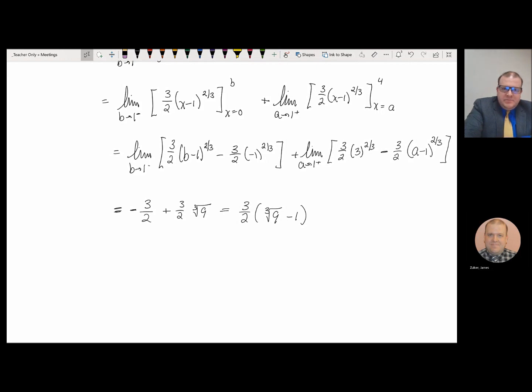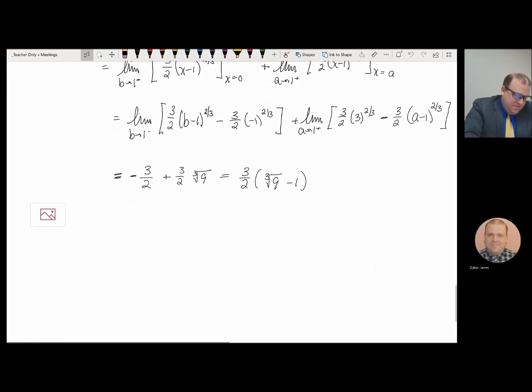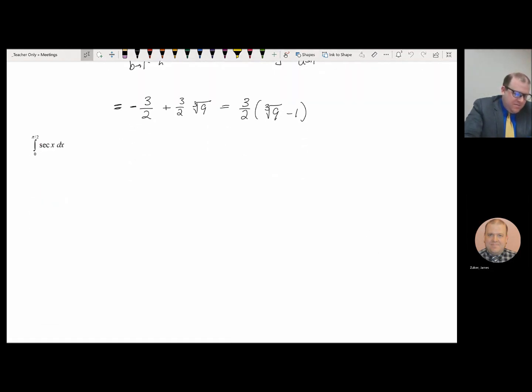Is -1 to the 2/3 1 or -1? +1, because that's what I would think, because you'd square it and take away the negative. But then I thought about how it'd be kind of weird to have the function jumping everywhere, so I put it into Desmos, and Desmos says it's -1. Desmos is wrong.